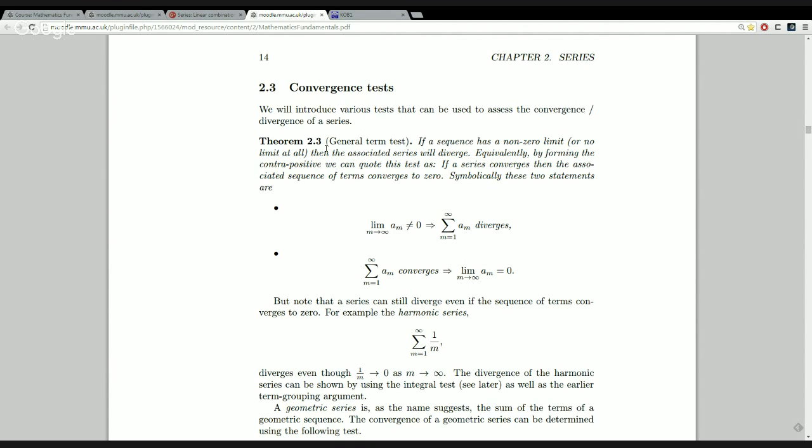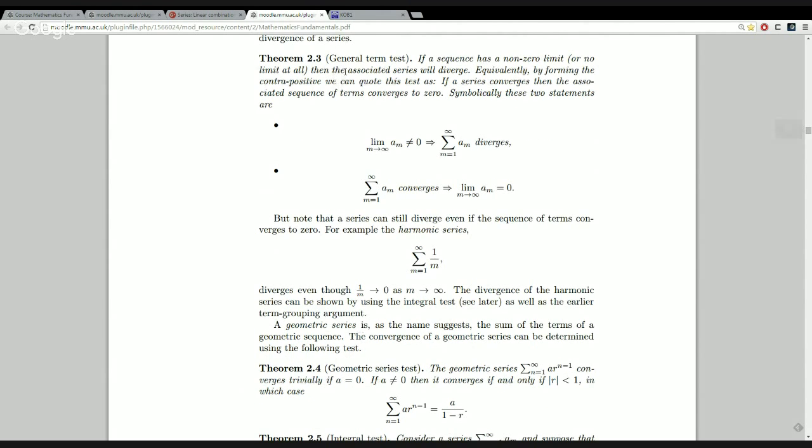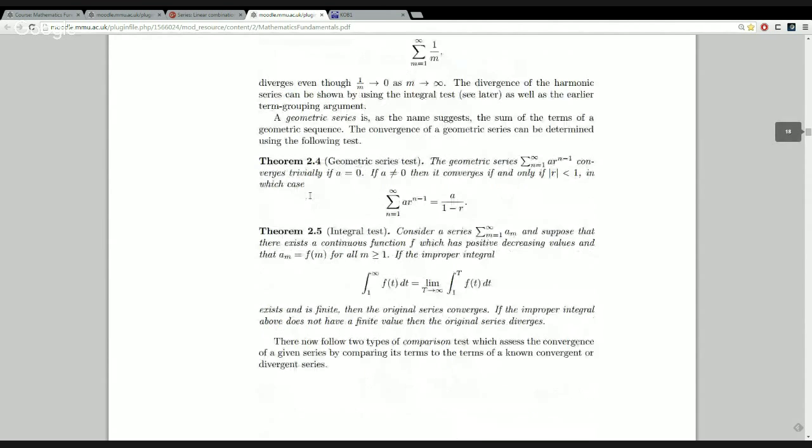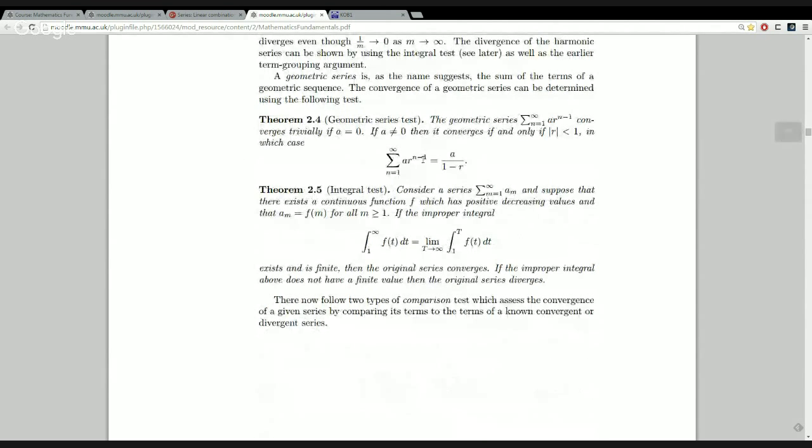Let's just run through the names. There's a general term test that can detect divergence. We'll talk about that in detail shortly. There's a geometric series test. The geometric series test is unusual in that it gives a complete description of its subject. It applies to geometric series of this form, where each term is a fixed multiple of the previous one.